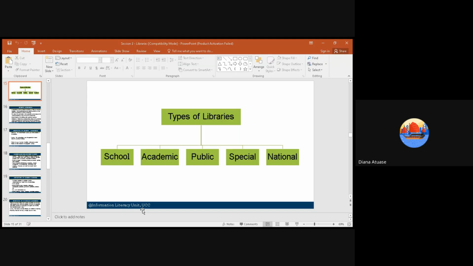As a student, you study information literacy skills to help you get the necessary skills and competencies to be able to get the right information to meet your academic needs. So we looked at the importance of information literacy skills. Why do we study information literacy skills?